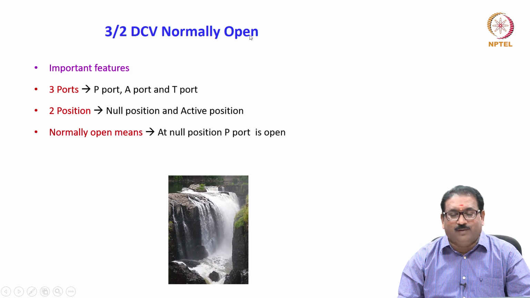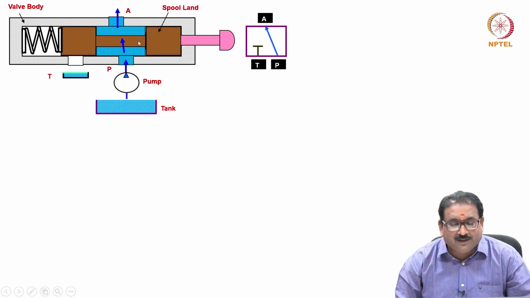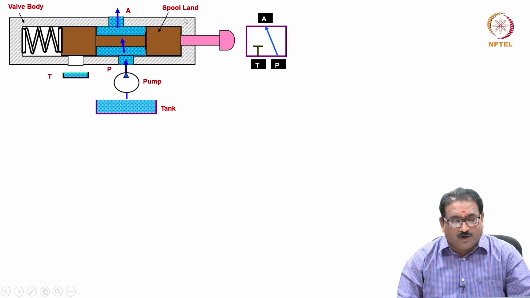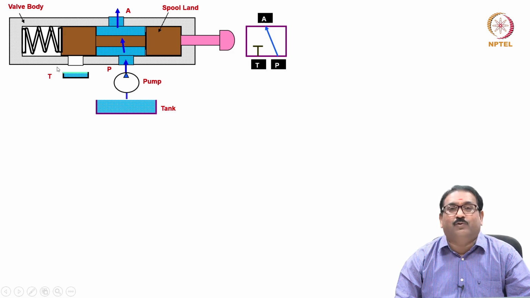Okay, normally open means P port is open. You see the constructional detail, the valve body having 3 ports now: P port, A port, and a tank port.